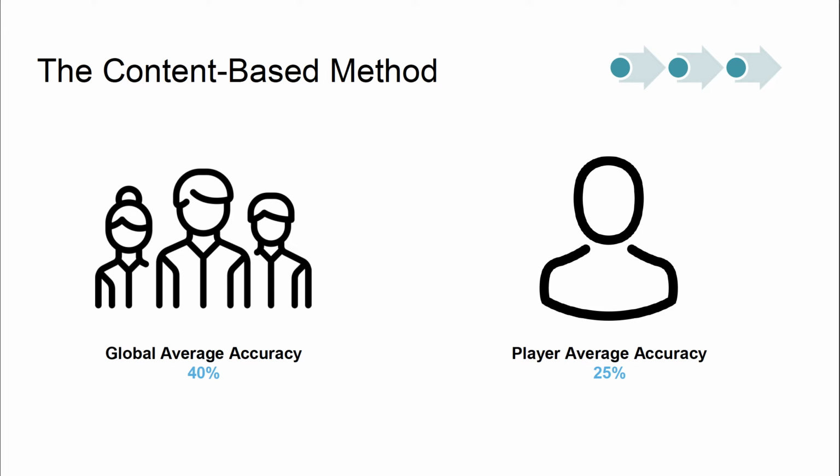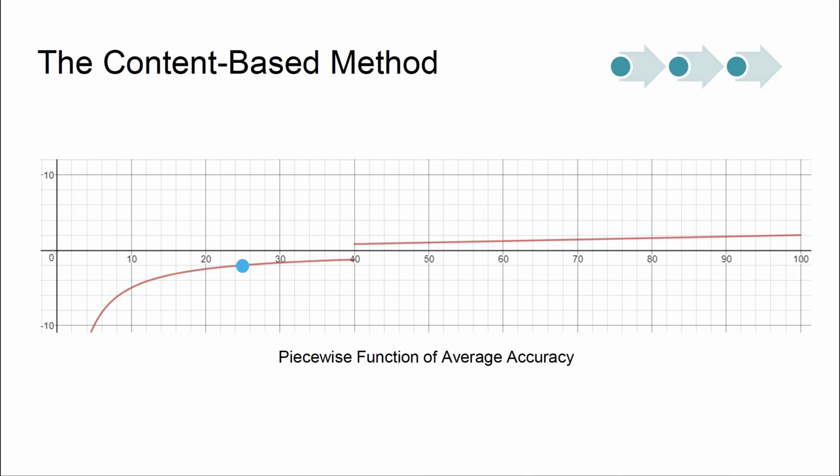Which means that the player is performing worse than the global average, which means that we need to reduce the difficulty for the player. We do that by putting those values on a piecewise linear function. On the x-axis, you have all of the difficulty percentages, from 0 to 100, and our breakpoint is at 40 because our global average was 40. On the y-axis are the variations of difficulties.